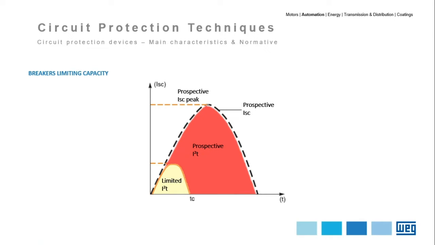Remember that the same concept applies when we specify a fast-acting fuse to protect a semiconductor device, for example, a VSD. We shall always guarantee that the limited I squared T is lower than the max I squared T that the component may withstand. Please keep in mind this energy limiting concept because it will be the base for the next techniques that we're going to see.